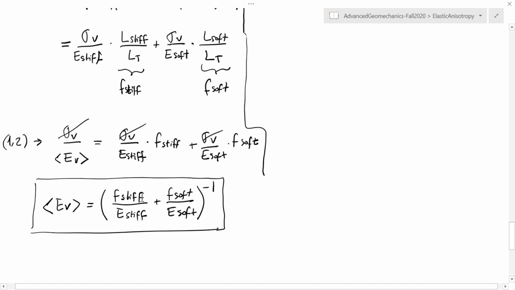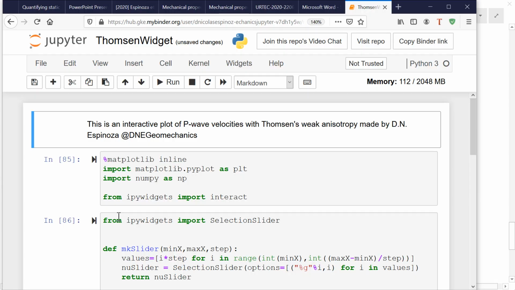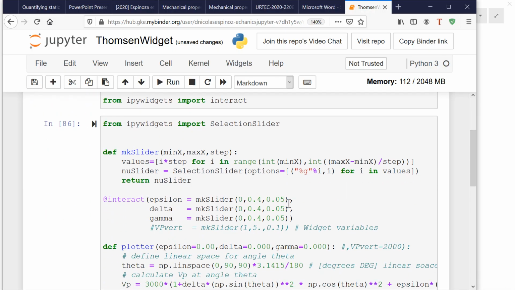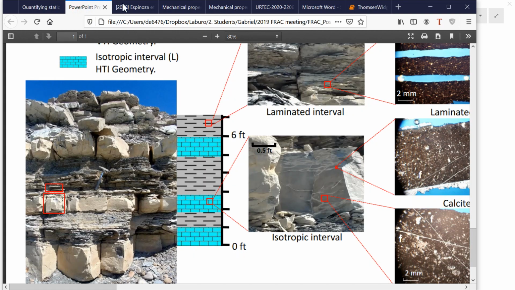And if you were to plot this, what you're going to obtain is something like what I'm going to show in the following plot. All right, now this one decides to work. We'll come back to that later, we have time.